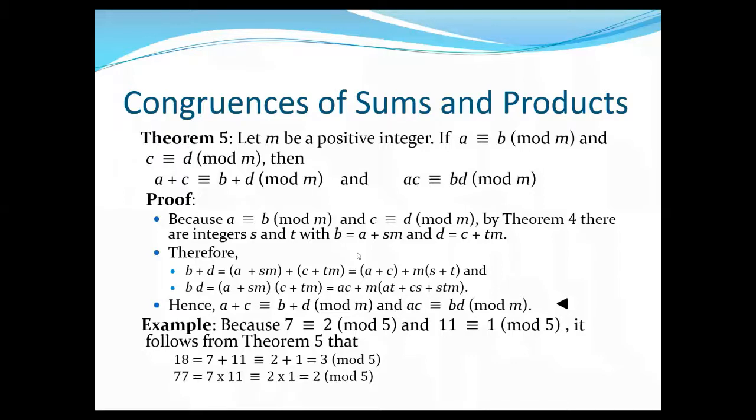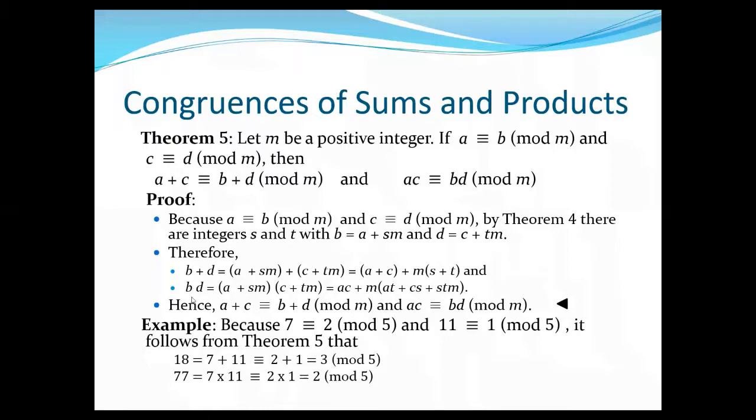So again, it conforms to the theorem form. Any integer multiplied to m, there is an existing integer that when we multiply to m and add to an integer will result in this. So it conforms with theorem number 4.